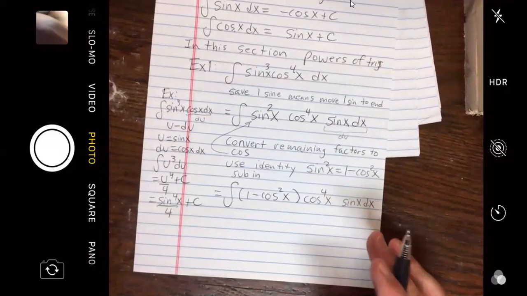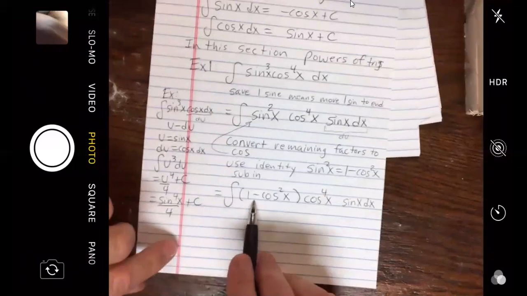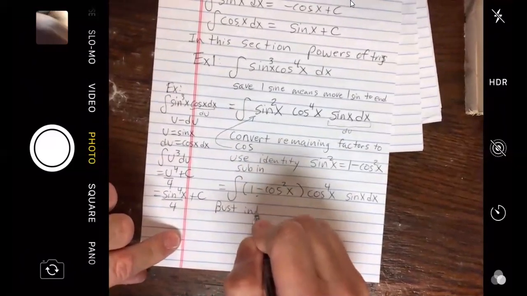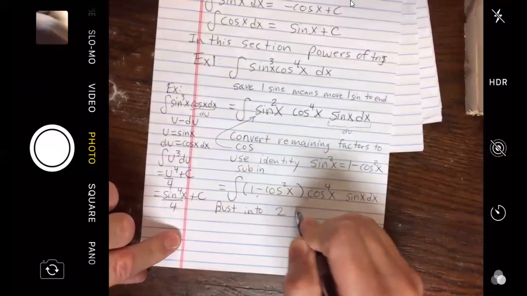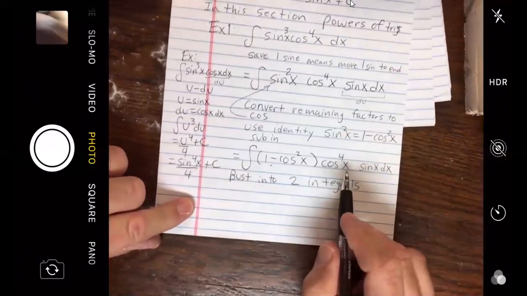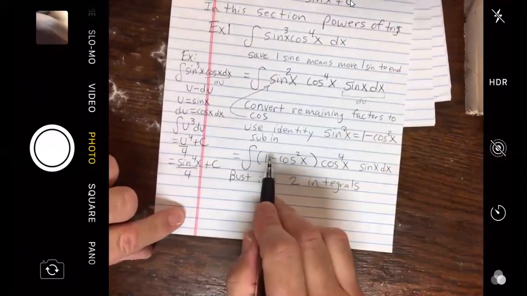This minus sign means I can bust this into 2 integrals, in effect distributing this from the back side.